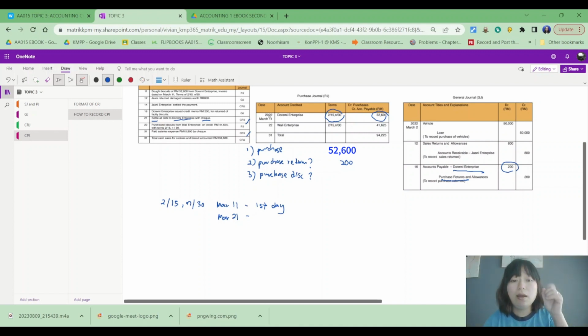So, March 11, 12, 13, 14, 15, 16, 17, 18, 19, 20, 21. Okay, so March 21 adalah hari yang ke-11. 11th day.